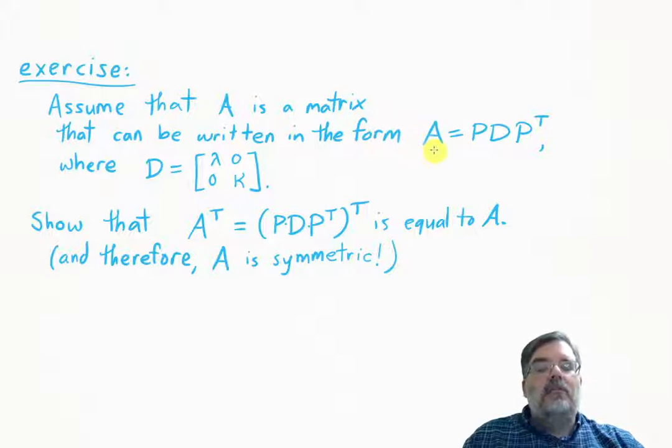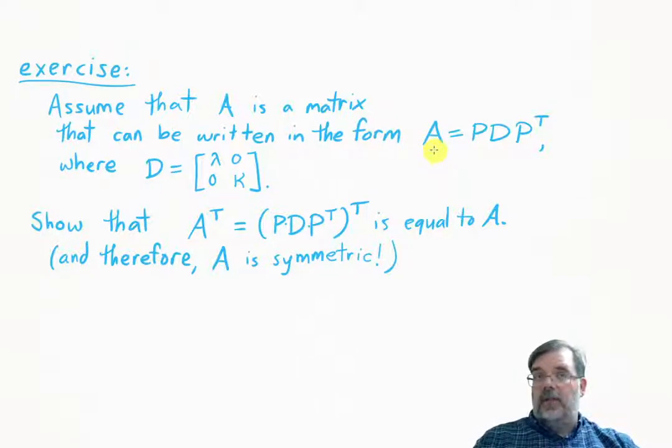Let's say that we happen to have a matrix. We don't know if it's symmetric, but let's assume we know A is equal to P times D times P transpose. If we start with this piece of information, it turns out any matrix which can be written in this way must be a symmetric matrix.